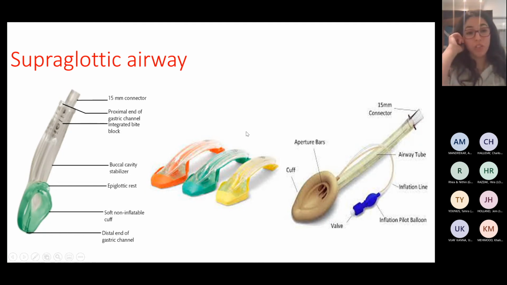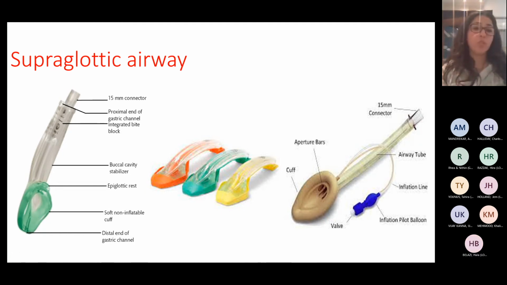Now we have second generation supraglottic airways, which are the iGels. Easy to use. We were all trained during ALS to perform them and how to use them, but myself, I've never used them, and I don't know how wise it is to use them from an anesthetic point of view, or for someone who is airway trained.